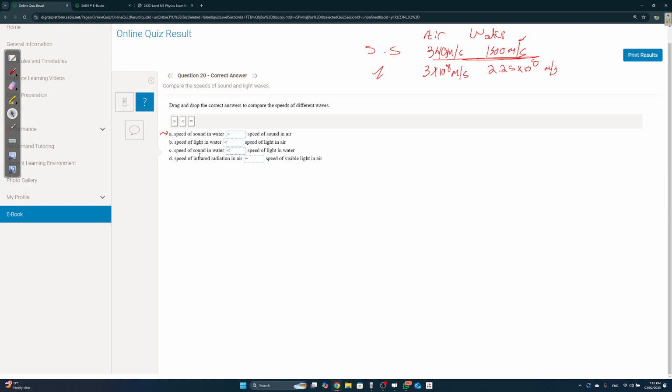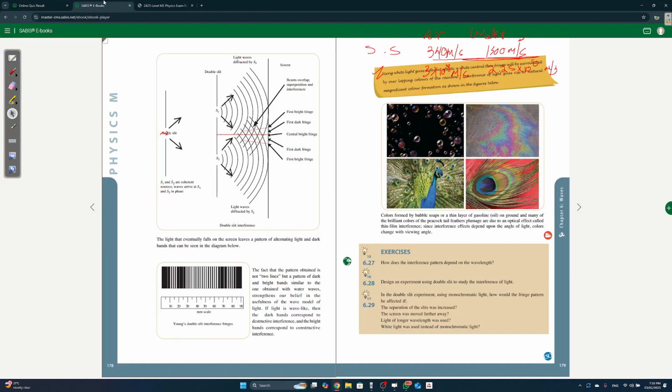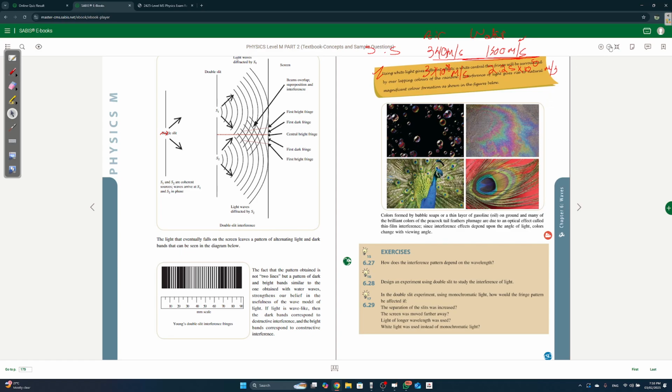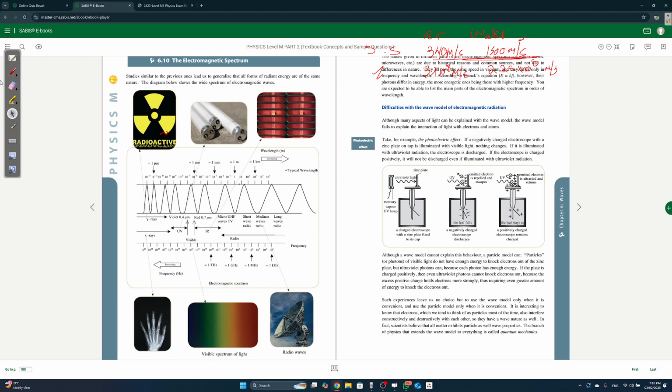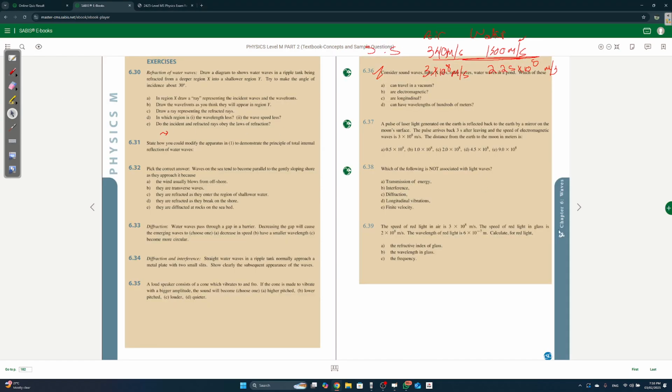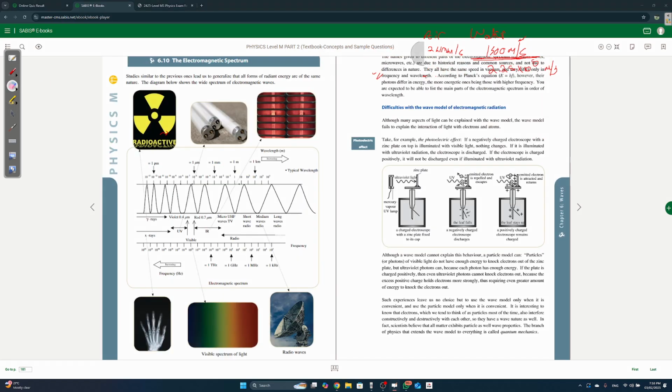This is important. The electromagnetic spectrum. You can read it by yourself, but we did it last year, and it's over here. You need to know one thing.